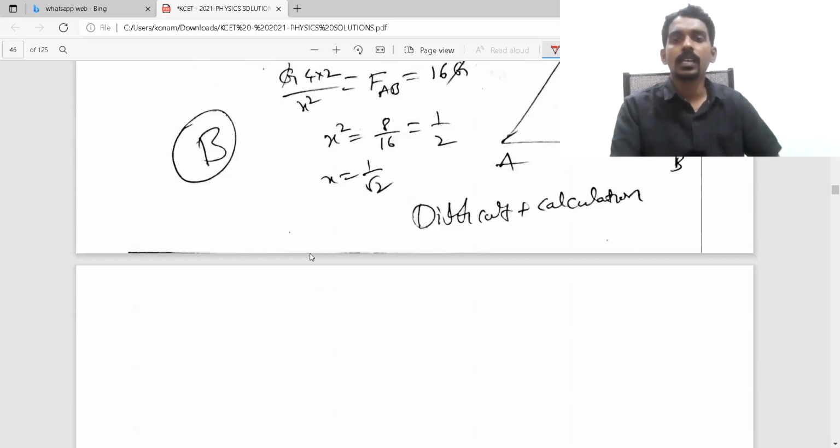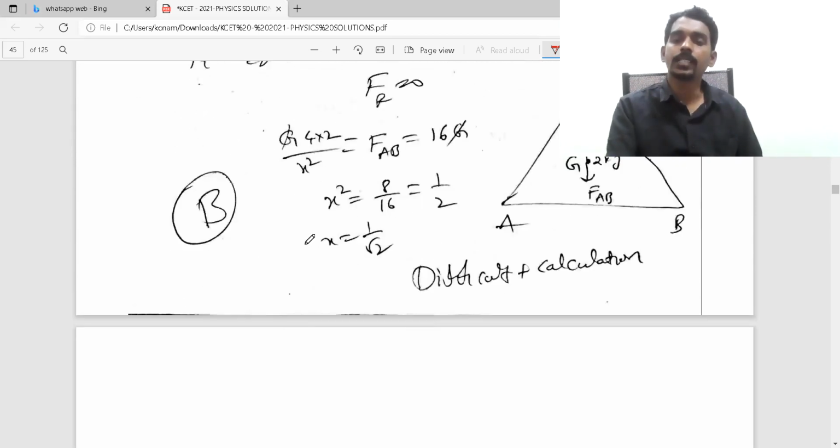But here they are not placing the third one as 8 kg, they are placing only 4 kg. As mass is less, the distance also should be less. So instead of placing it here, you have to place it somewhere closer. Let's take it at a distance x from the centroid. That force also should be equal and opposite to this one, then only the resultant force here will become 0.